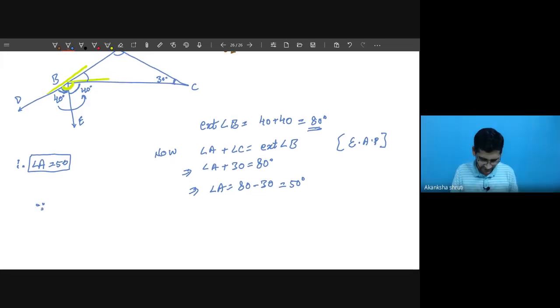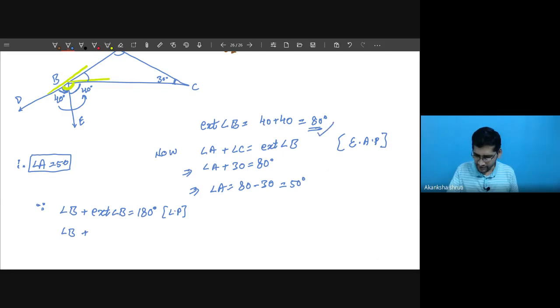So angle B plus exterior angle B is going to give us 180 degree. Why? It is the linear pair. The exterior angle B we have already calculated as 80, so angle B plus 80 is equal to 180 degree.